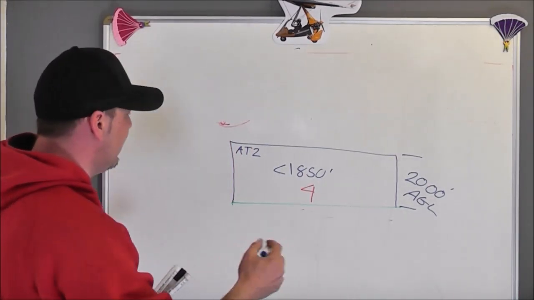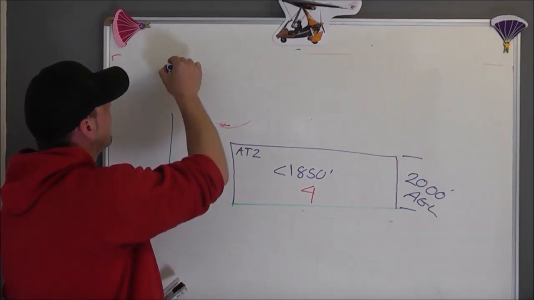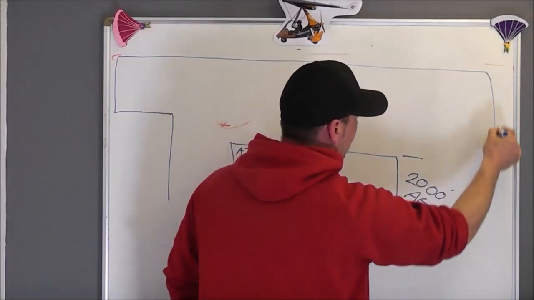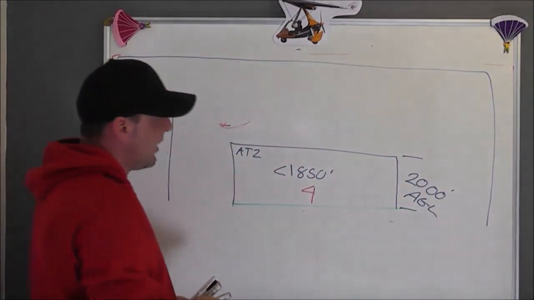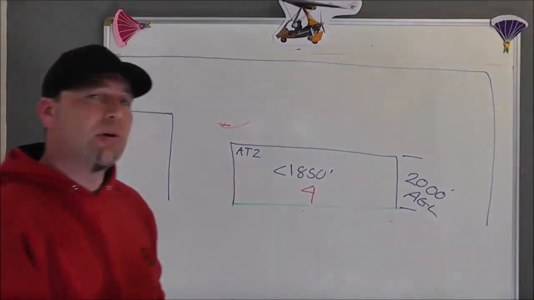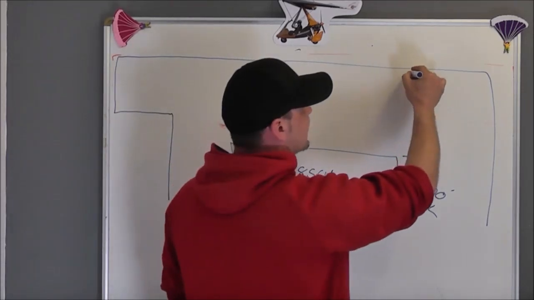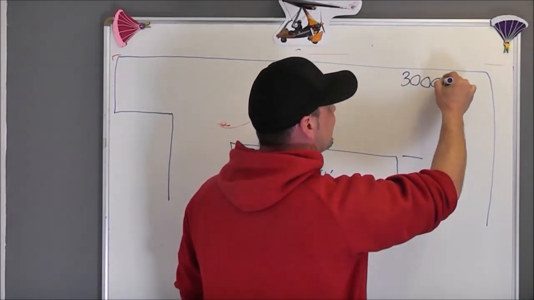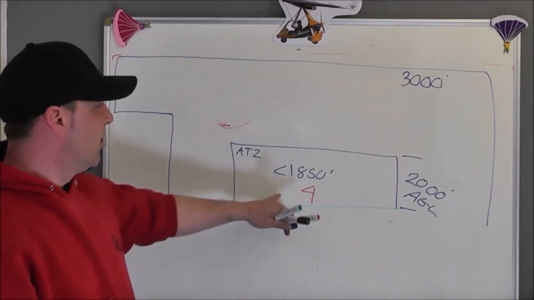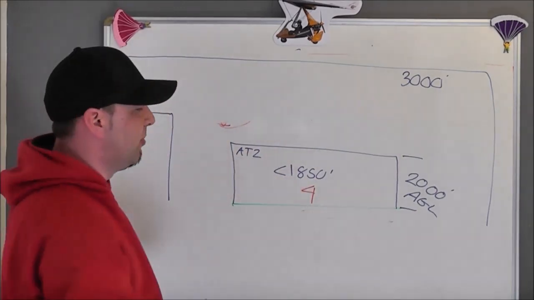And the ATZ sets up a further zone around it. This would extend, I know it's not to scale, sorry. The ceiling of this would be 3,000 feet above the aerodrome. So it would be 3,000 and whatever the aerodrome is.